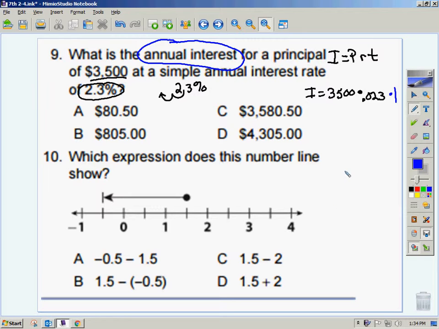It says, what is the annual interest for principal at this amount? So I take that 3,500 times 0.023, and I could multiply it by 1 again. It's going to give me $540.50.